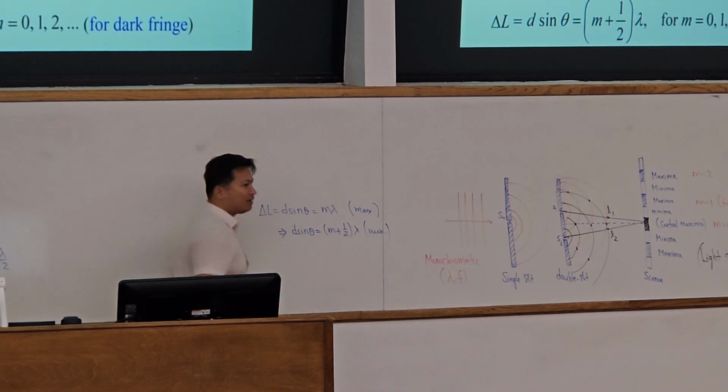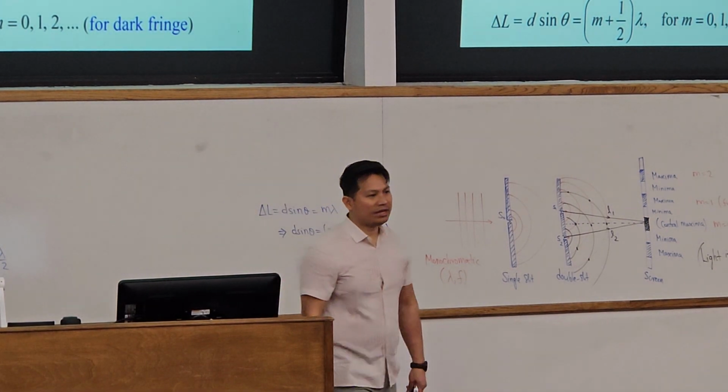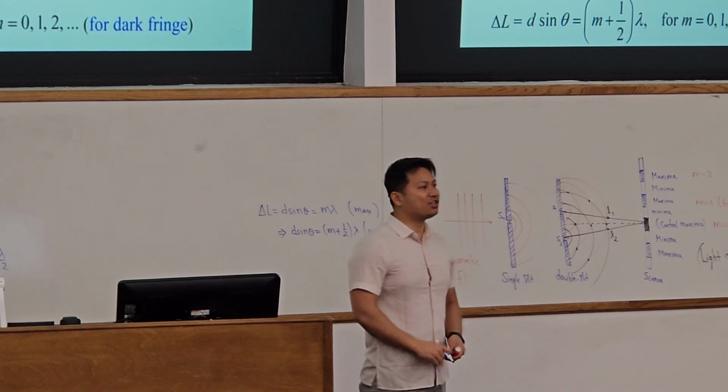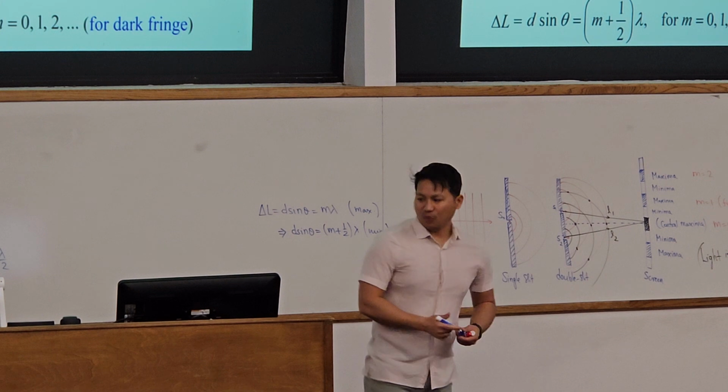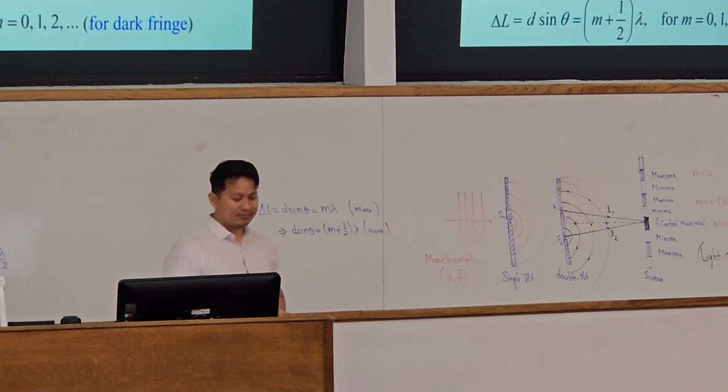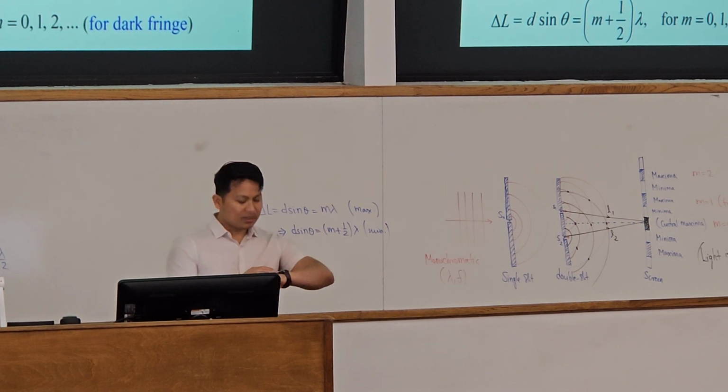He did the mathematical calculation, and he could predict any point. He can map any point on the screen, whether that point is going to be maxima or minima, by using this formula. So this is the Young's double slit experiment.